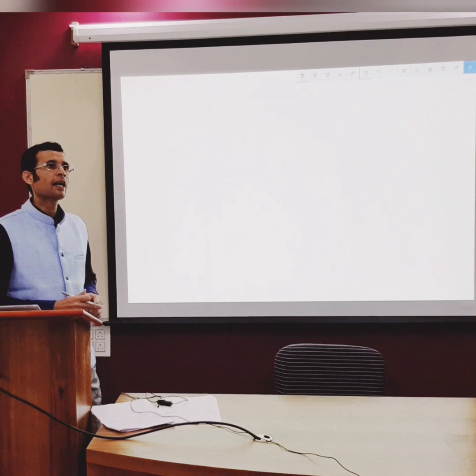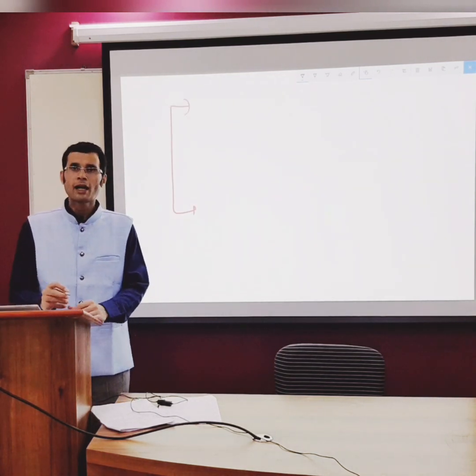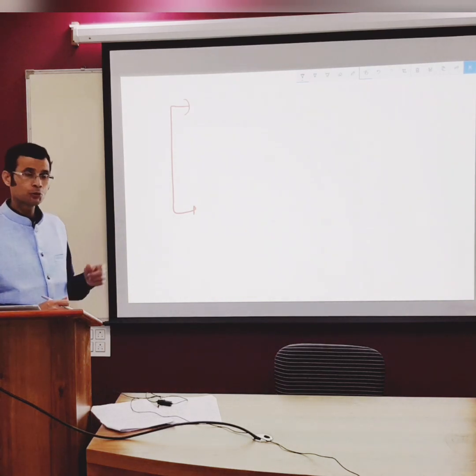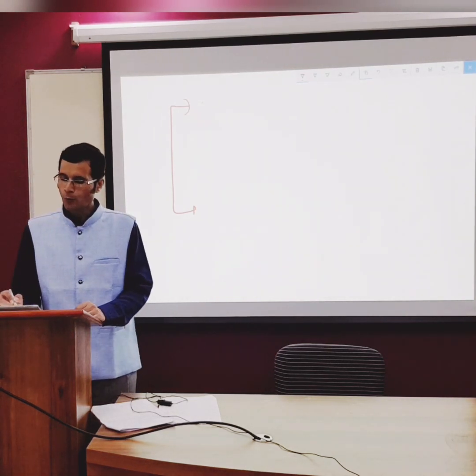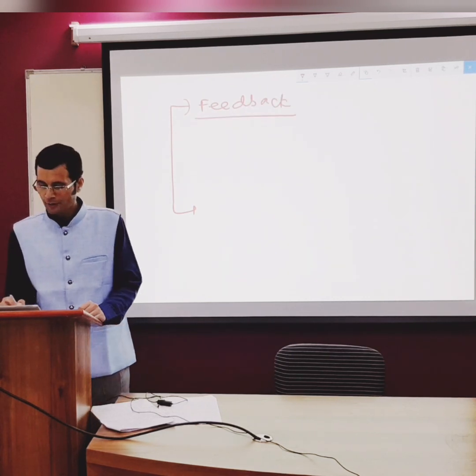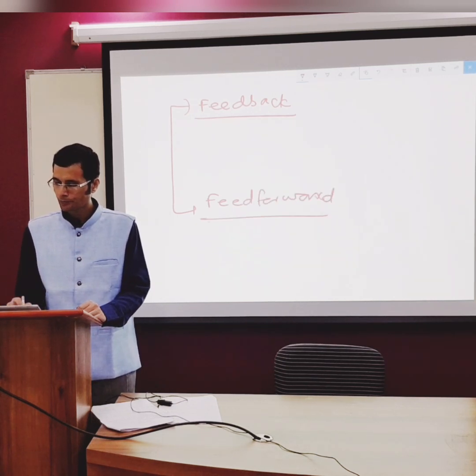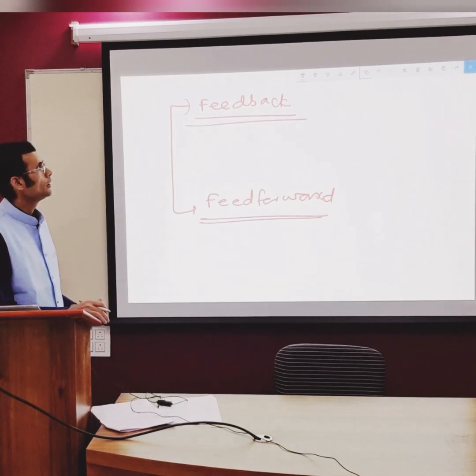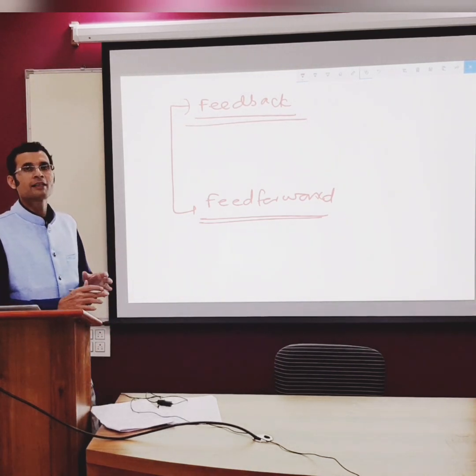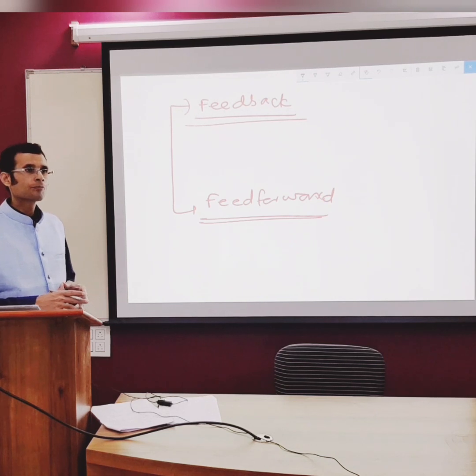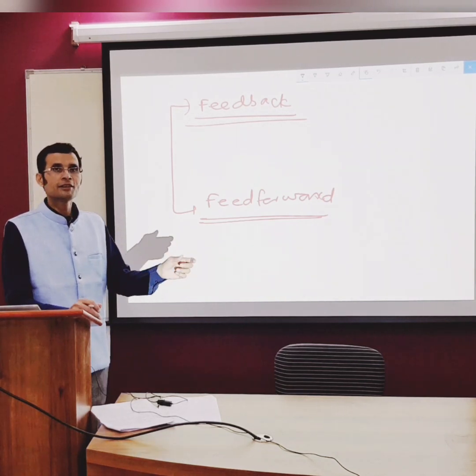The regulatory mechanisms are of two types. At a very basic level, two types. One is called feedback mechanism, feedback regulation, and the other one is called feed forward regulation. Feedback mechanism is the one in which the change occurs in the controlled variable.